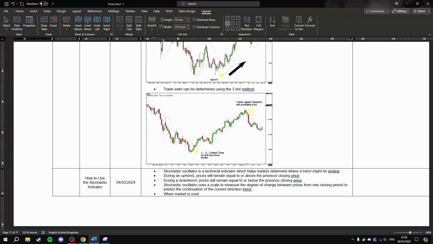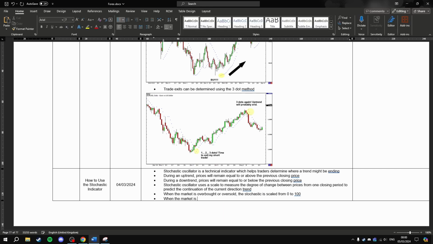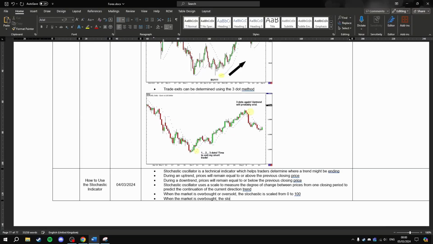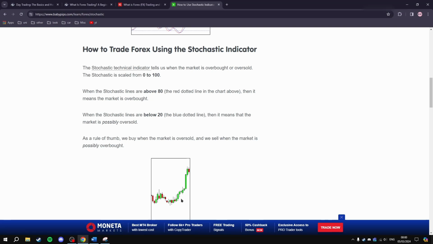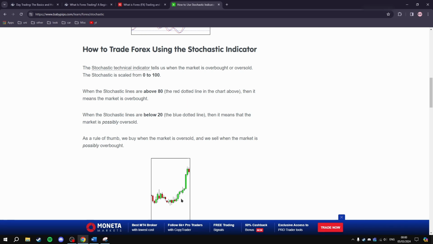When the market is overbought, the stochastic lines are above 80, shown by the red dotted line in the chart above.